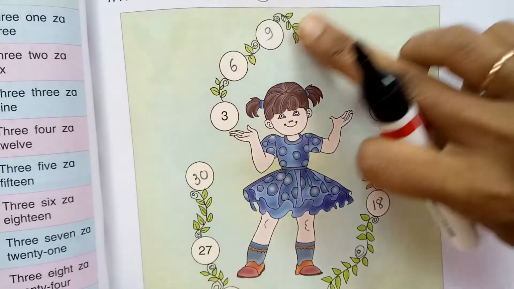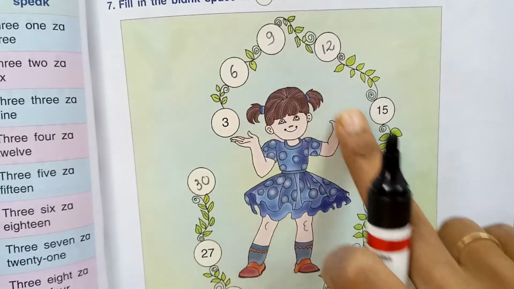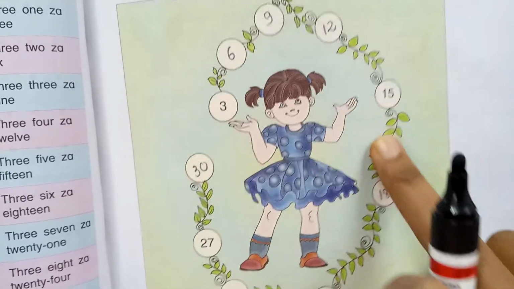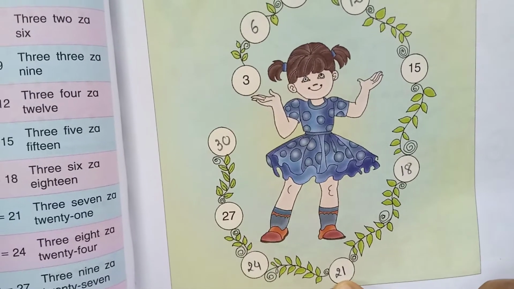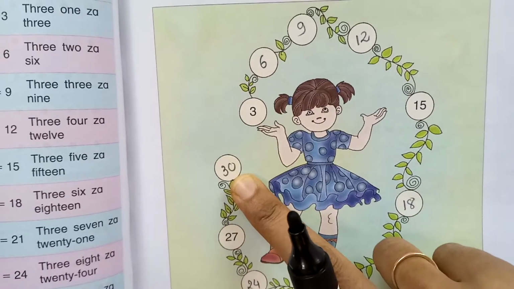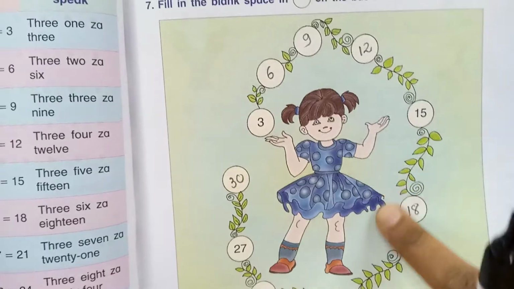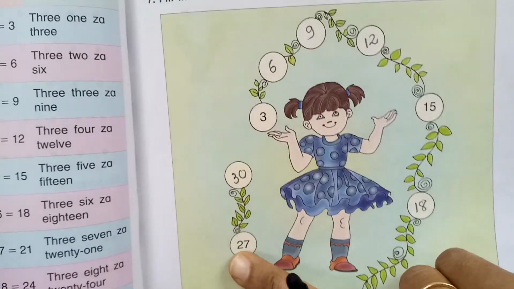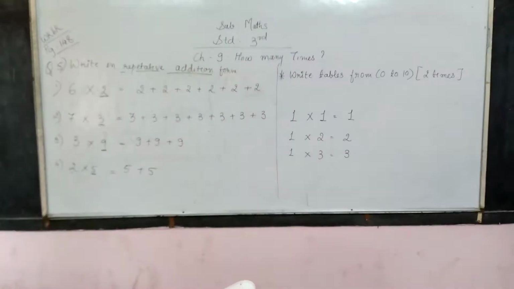The answer, you have to write in this given circle. 3 fours are 12, 3 fives are 15, 3 sixes are 18, 3 sevens are 21. Like this you have to write till 10. 3 tens are 30. It's very easy, no? And interesting. You have to write the product of 3 over here. Okay. Now we'll turn the page.